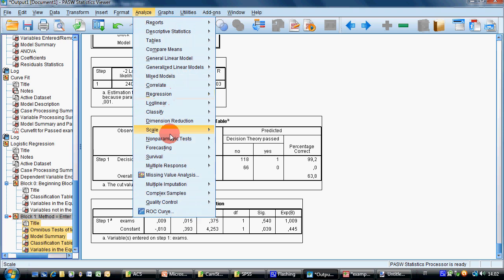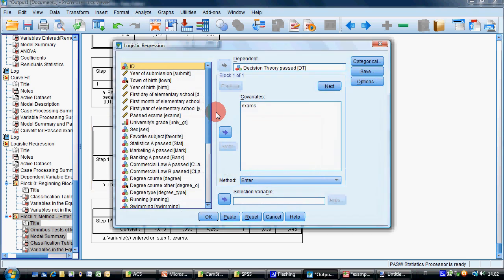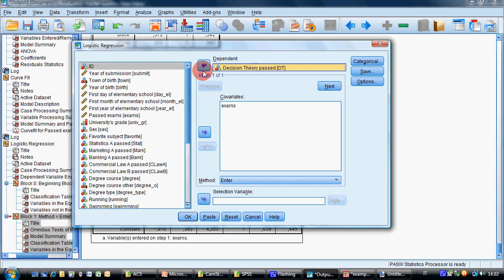Let's try to do another one. Let's see if I catch one which works. Binary logistic. Unfortunately, working with false data, so data many of you have invented, does not give us many good results.